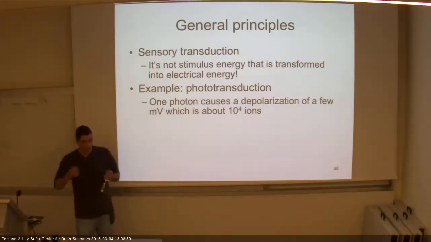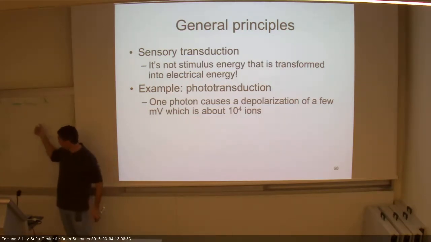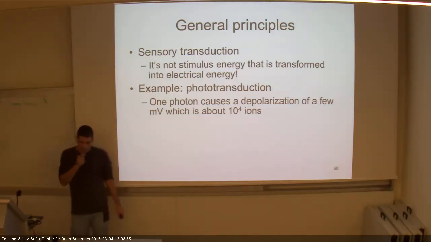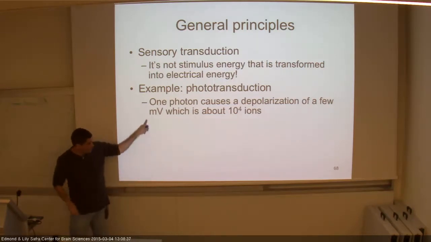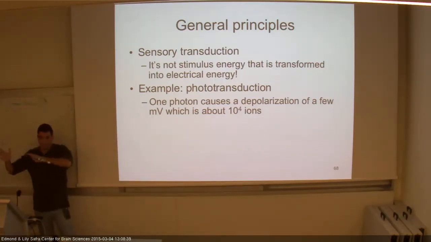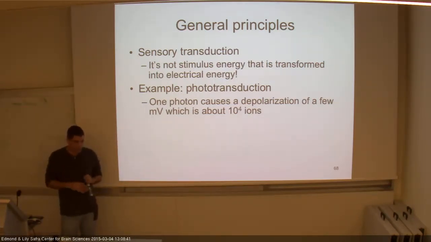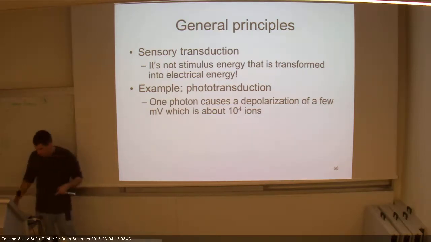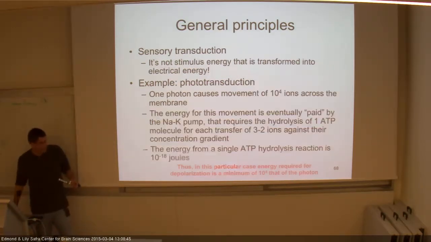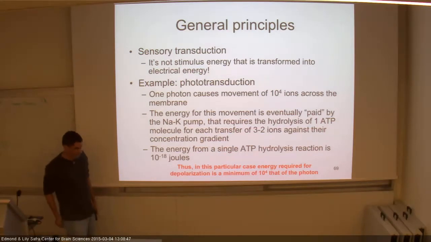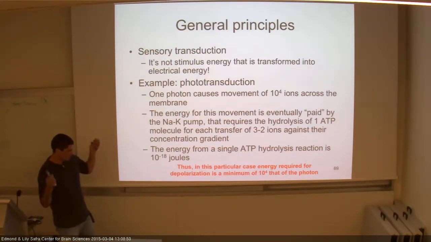So it's not that this one photon that caused this is equal to the same energy, because in order to move 10 to the 4th ions from one side to the other side of the membrane, you have to pay in creating the electrochemical gradient across the membrane, which is something you all know from basic physiology.